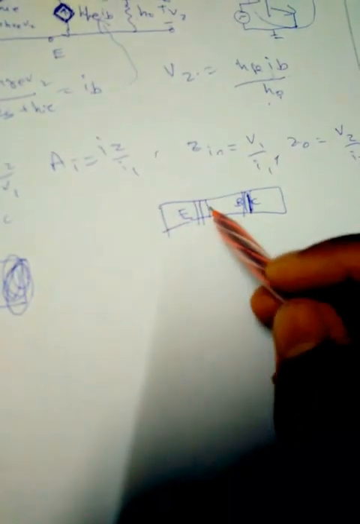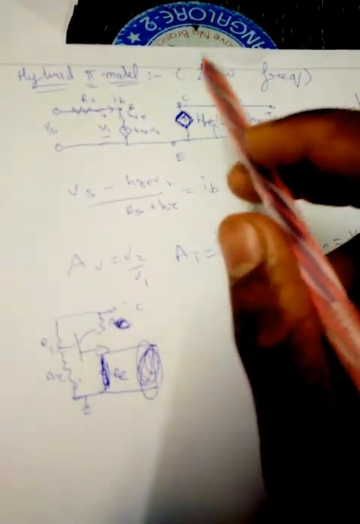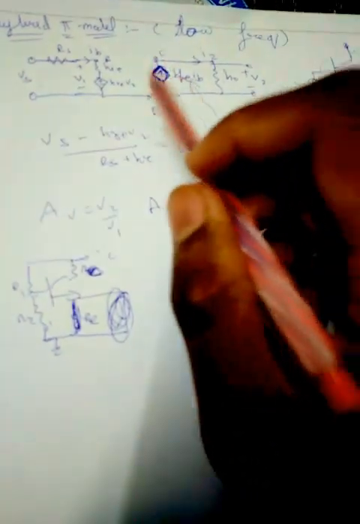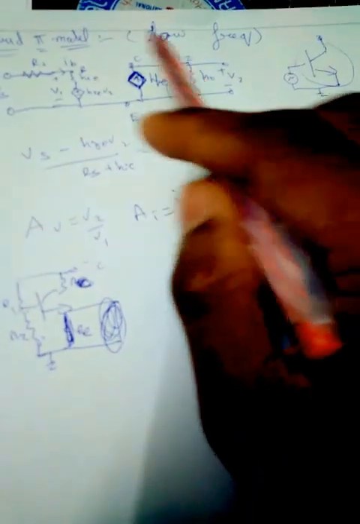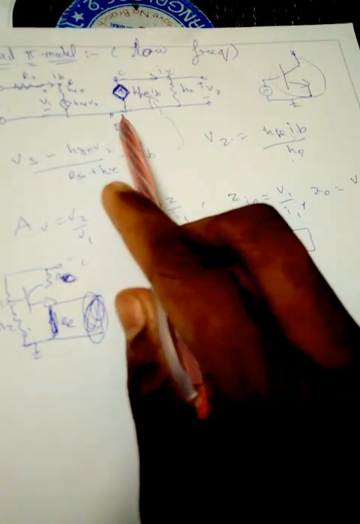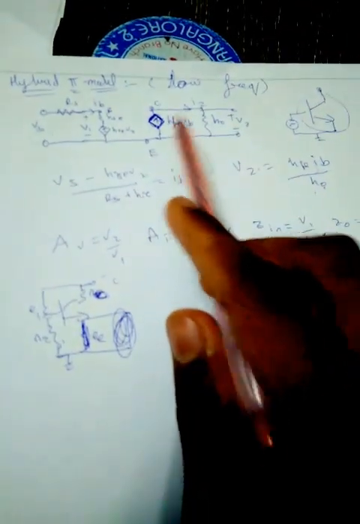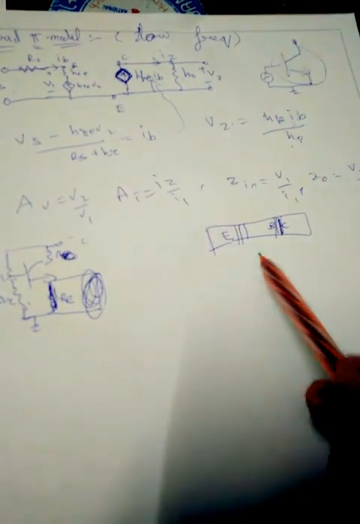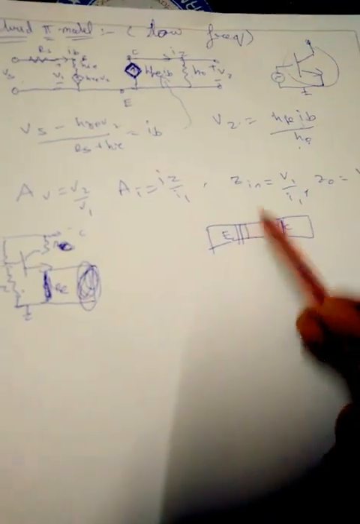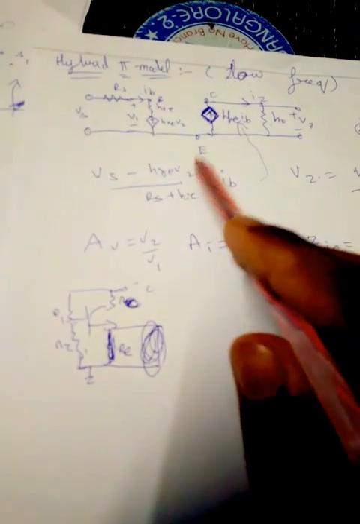So at low frequencies, the effect of this junction capacitance on our transistor model will be negligible, and they have not been considered at low frequencies. But at high frequencies, the network approximation of the transistor in this way is invalid, because at high frequencies there will be a considerable effect of these capacitances on our transistor model.